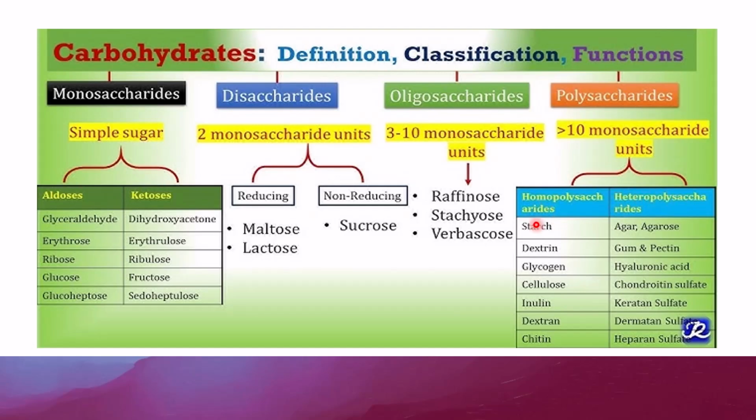Under the homopolysaccharides, we have these examples, and also under the heteropolysaccharides we have these examples. And again, I will encourage you to take your time and go through the various classification of carbohydrates and their examples.